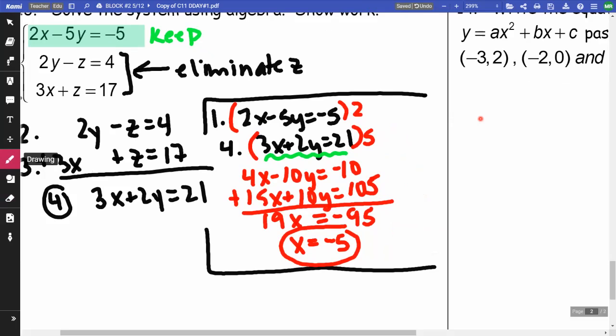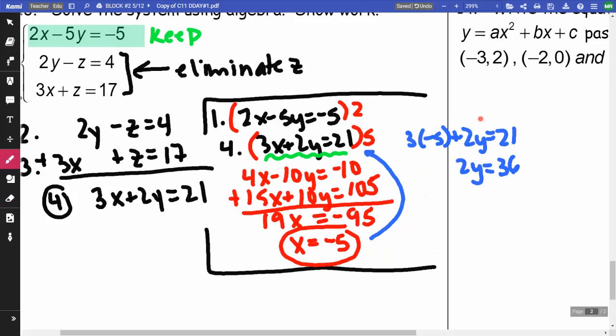So I'm going to do 3 times -5 plus 2y equals 21. That's -15, so I can add 15 to both sides. When I add 15, I get 36, so my y is 18.